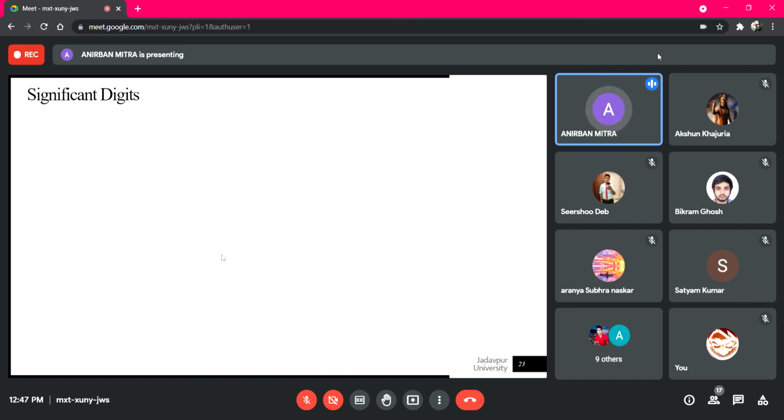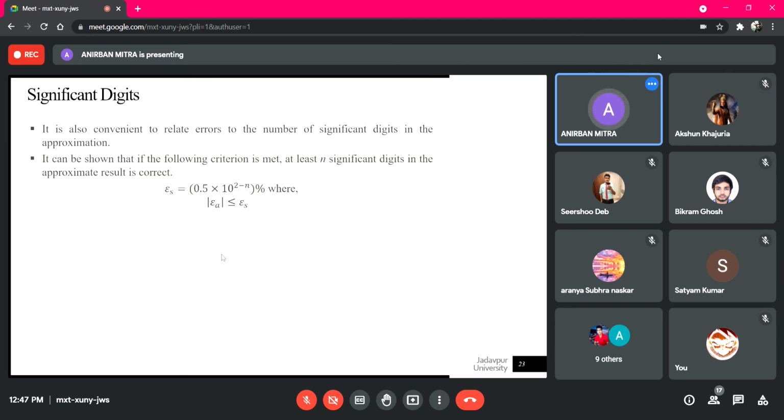And that nicely brings us to the concept of significant digits, because it is convenient to relate errors to the number of significant digits in the approximation. That is basically number of digits probably after the decimal places.